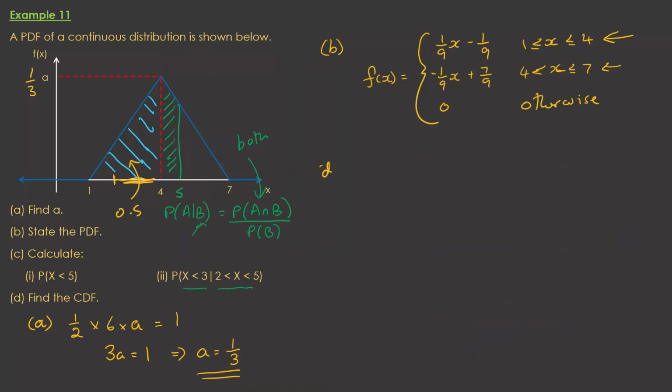Finally, in part D, we want to find the CDF. So let's just think in this first section, we have some value x. So we're going to do the integral from 1 to x of the first part of the PDF. So we'll do that as 1/9 t, just use a different variable, take away 1/9 dt.